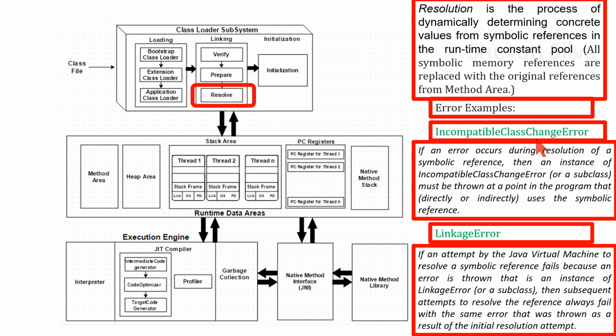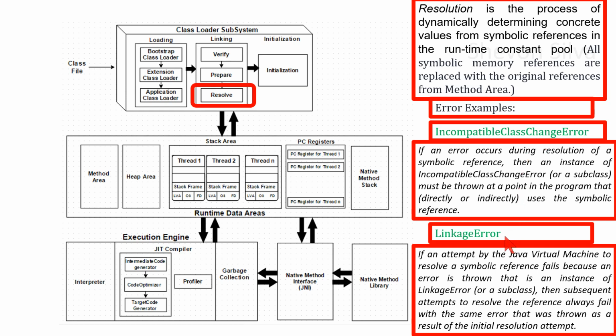If an error occurs during resolution of a symbolic reference, then an instance of IncompatibleClassChangeError or a subclass must be thrown at the point in the program that directly or indirectly uses the symbolic reference.